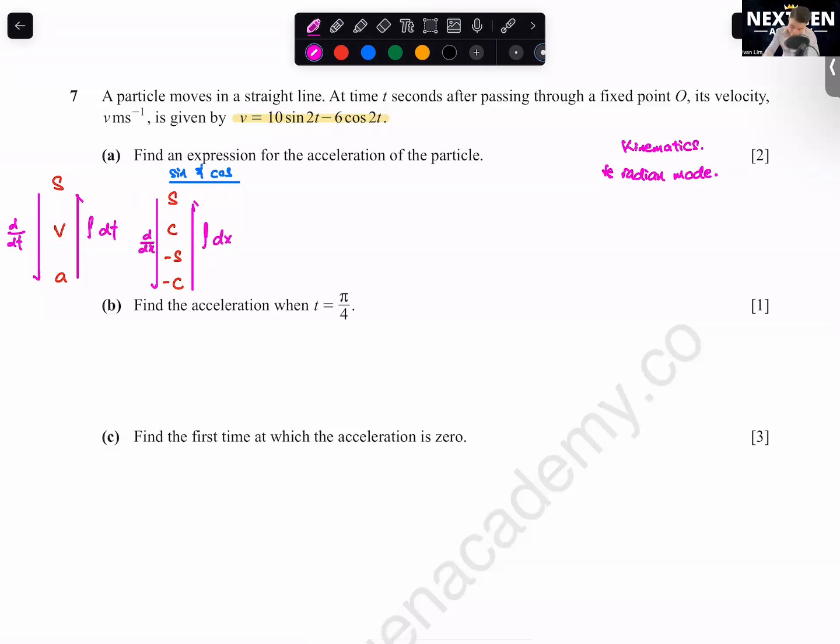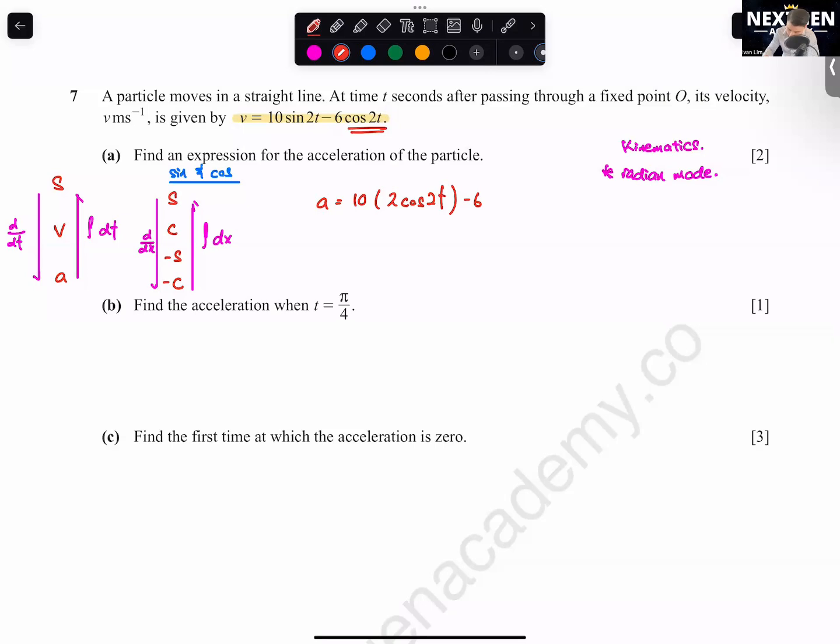All right, find an expression for acceleration. For me to get from v to a, I have to differentiate this. So a equals 10 times 2 cos 2t. Then you can write your minus 6 first and focus on the cos 2t.